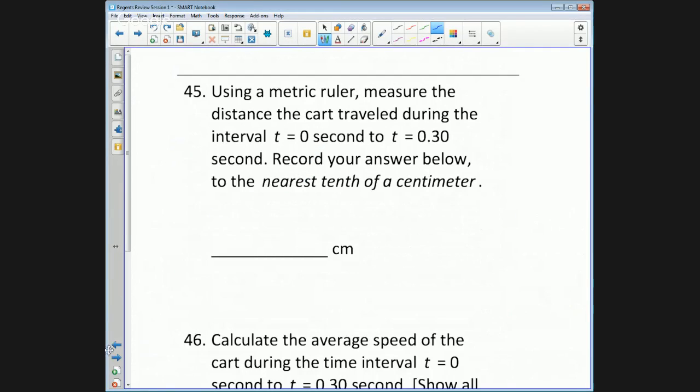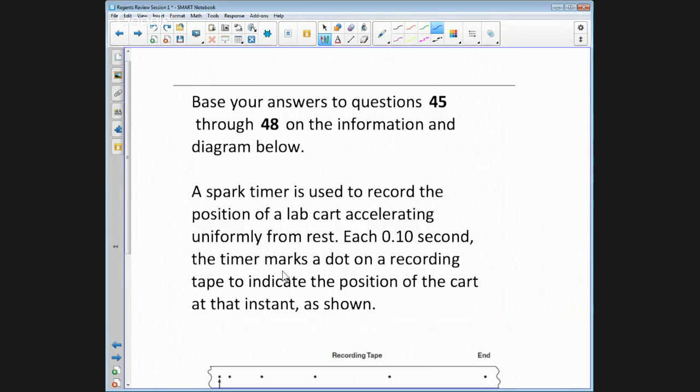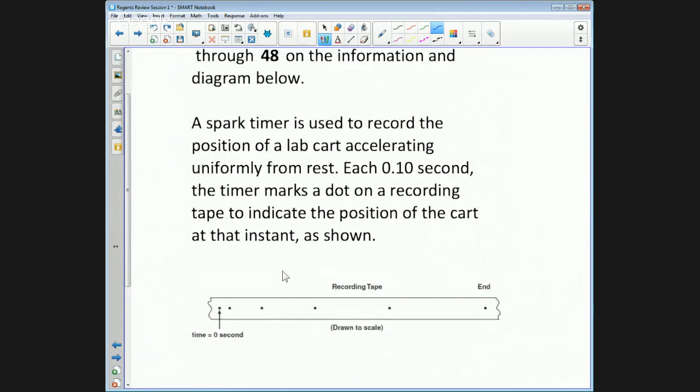Record your answer. Okay, well, this is going to be difficult since I don't have a ruler. But if this is 0, this one represents T equals 0.10. This one represents T equals 0.20. This one represents T equals 0.30. This equals 0.40.